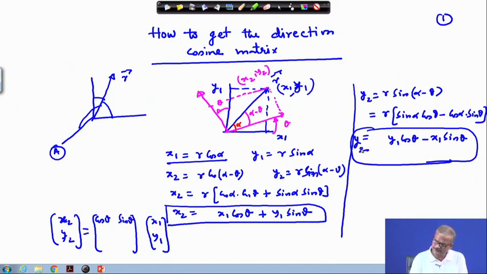And from this place you have y 2 equal to x 1 sin theta with a minus sign, so this is minus sin theta, and y 1 cos theta, so cos theta comes here in this place. So, basically this represents a rotation matrix which indicates the rotation of this reference frame x 1 y 1 to the x 2 y 2 position.